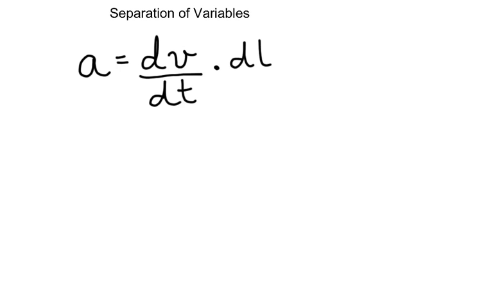Instantaneous acceleration is equal to the derivative of a velocity as a function of time equation, or we could write that as dv dt. Now, separation of variables separates the dv and the dt. So what we're going to do is multiply both sides by the dt.